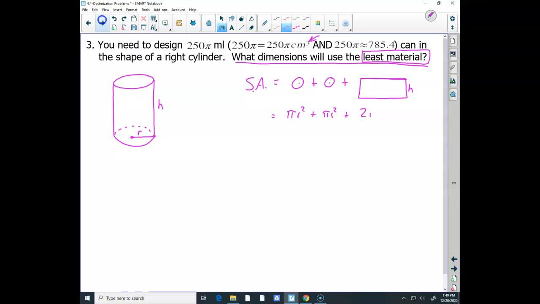So that's 2 pi r, because that's the circumference of the can, times height. So I can see surface area is going to be 2 pi r squared plus 2 pi r times h.